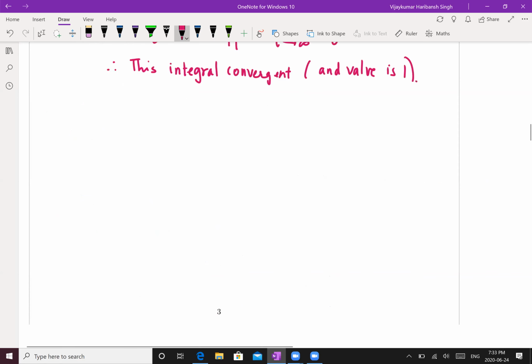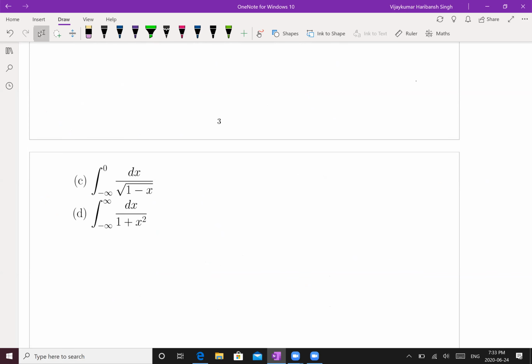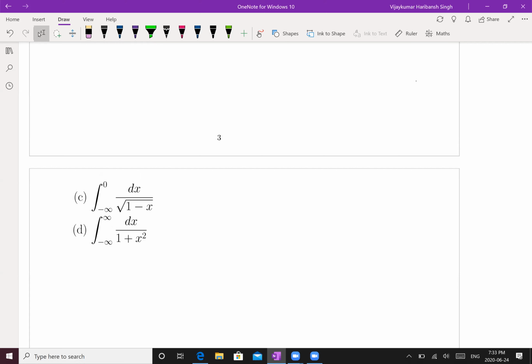Now let's look at the next one, problem C. Again, first thing is to write down the definition. So we have the integral from minus infinity to 0 of dx over square root of 1 minus x. So this can be written as the limit as t goes to negative infinity of the integral from t to 0.